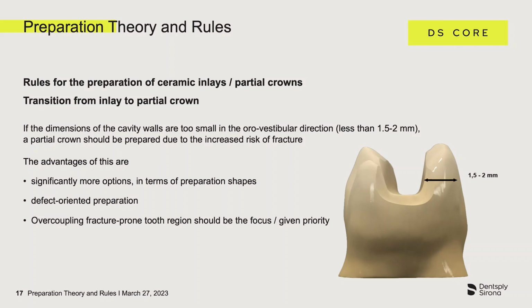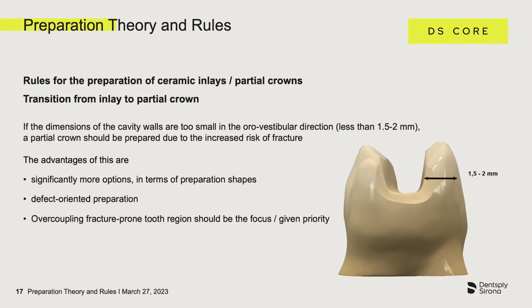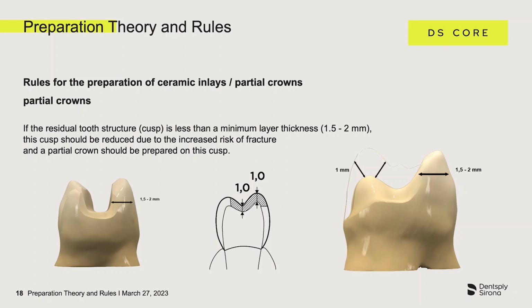Advantages of the preparation of a partial crown are significantly more options for the preparation shapes and the use of a defect-orientated preparation. The focus here should be on the overcoupling of the fracture-prone tooth regions. When preparing the cusps to be overcoupled, we have to make sure that we keep a minimum layer thickness for our ceramic restoration.